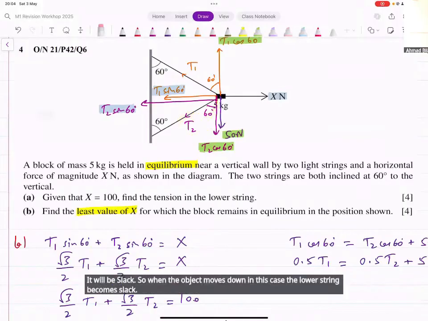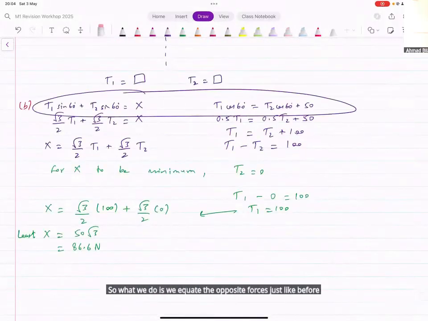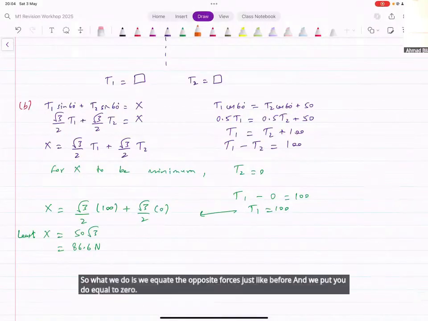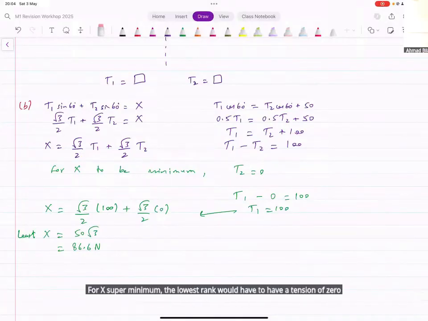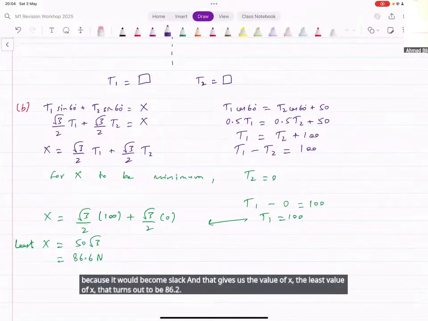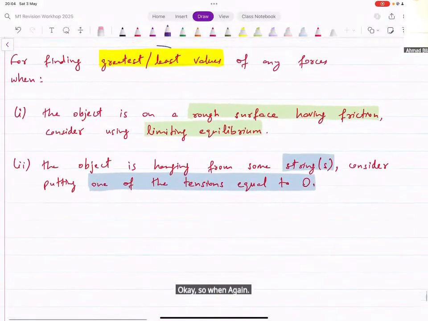So we equate the opposite forces just like before, and we put T2 equal to 0. For X to be minimum, the lower string would have a tension of 0 because it would become slack, and that gives us the least value of X, which turns out to be 86.6 Newton.